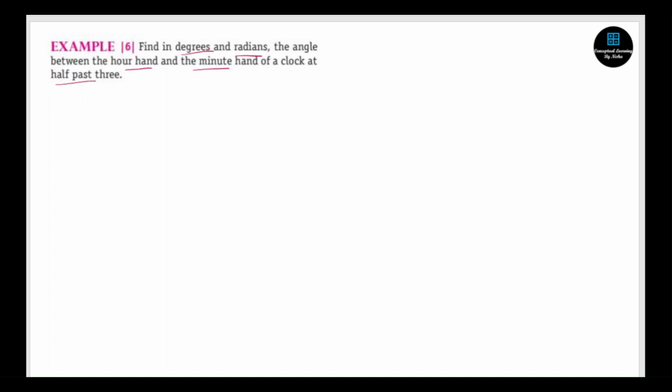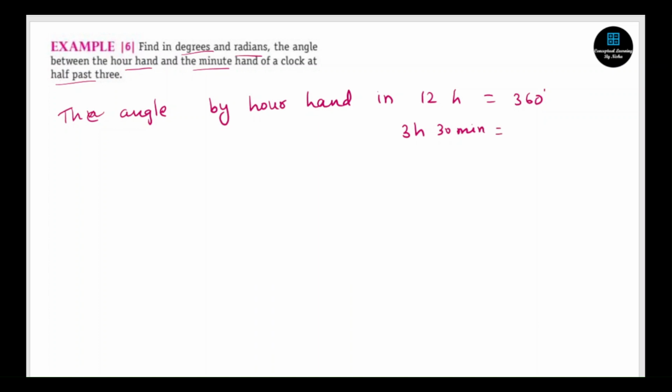One complete revolution for 12 hours is 360 degrees. So the angle by the hour hand in 12 hours is equal to 360 degrees. Now 3 hours 30 minutes is nothing but 3.5, which is 7 over 2.